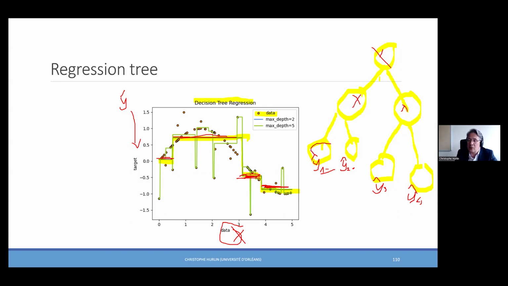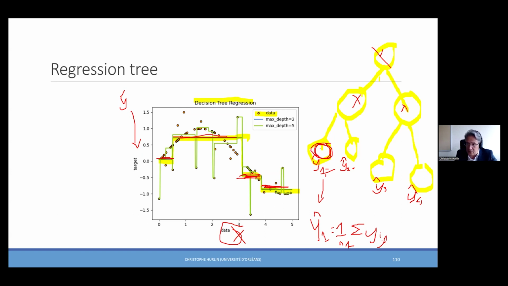How this value is computed, how y at 1 is computed, is simply the mean of the values that are here in the final leaf.